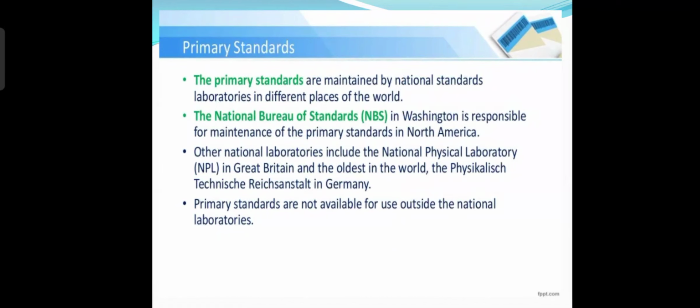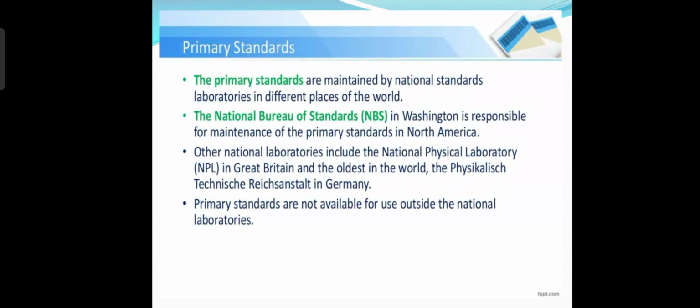The next is primary standard. Primary standards are maintained by national standard laboratories in different places of the world. The National Bureau of Standards in Washington is responsible for maintenance of the primary standards in North America.